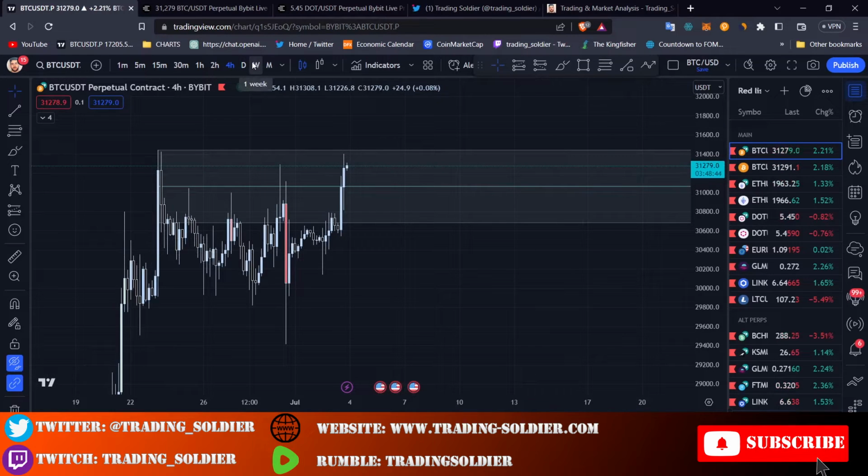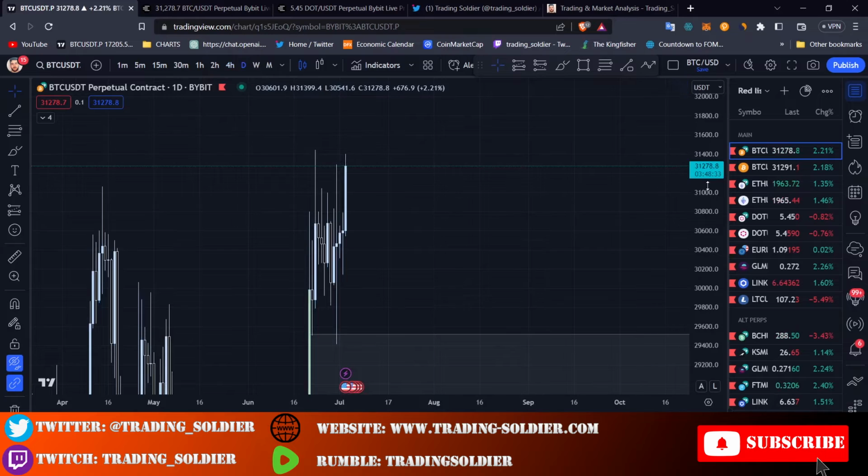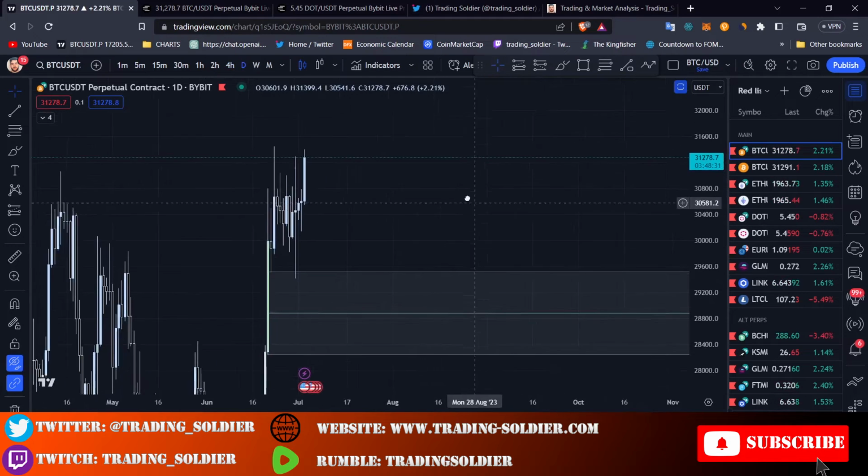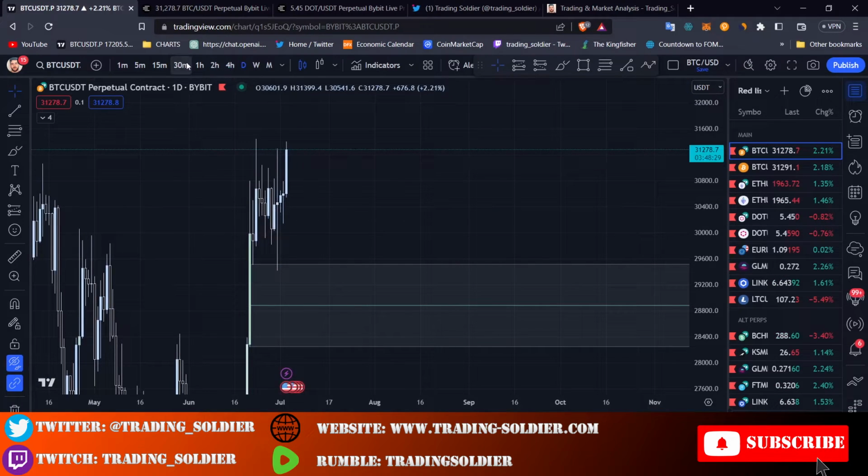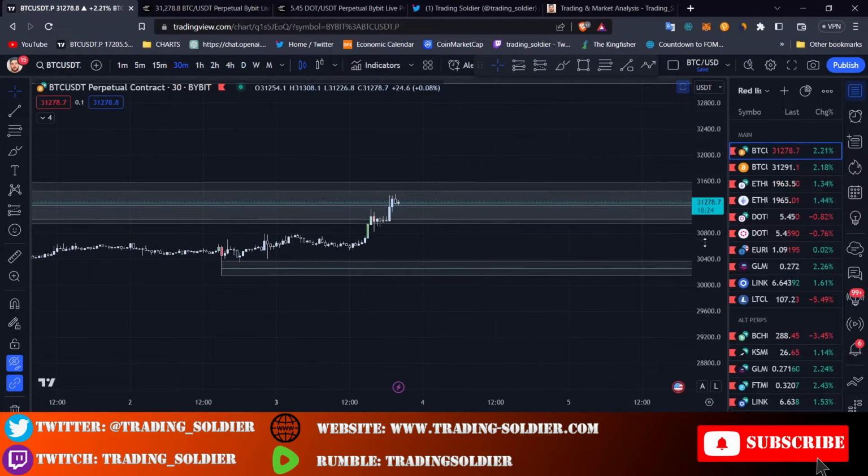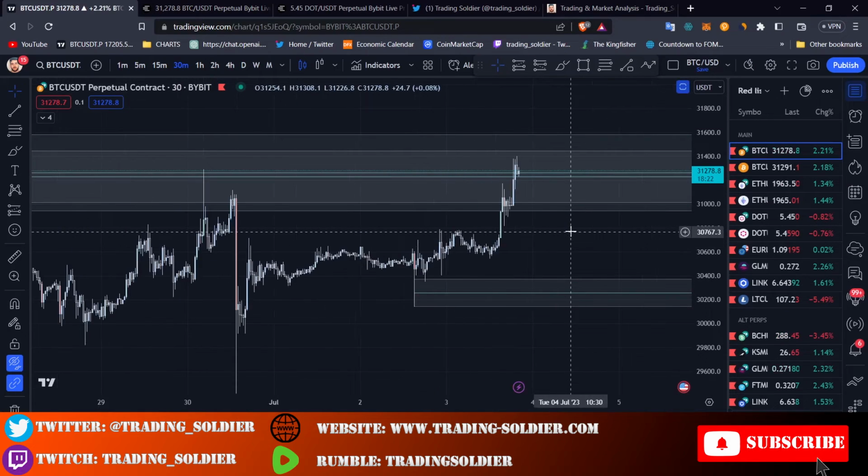Where we find order blocks in different time frames, we need to think that this order block has a higher quality, okay? And the higher the time frame, the higher the strength of this order block, and the higher the probability that this order block will be respected or will act as resistance or as support.